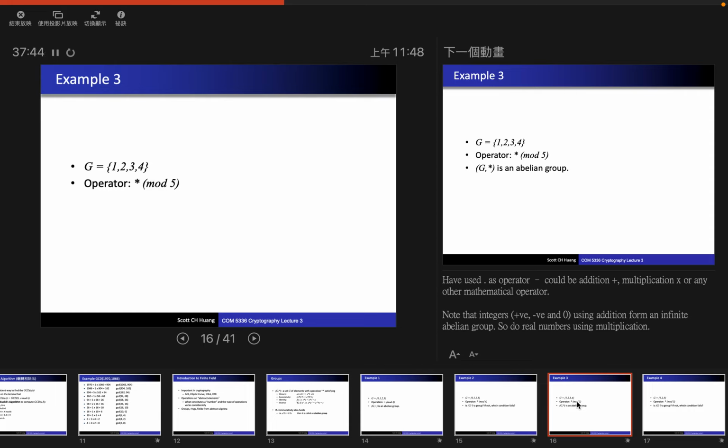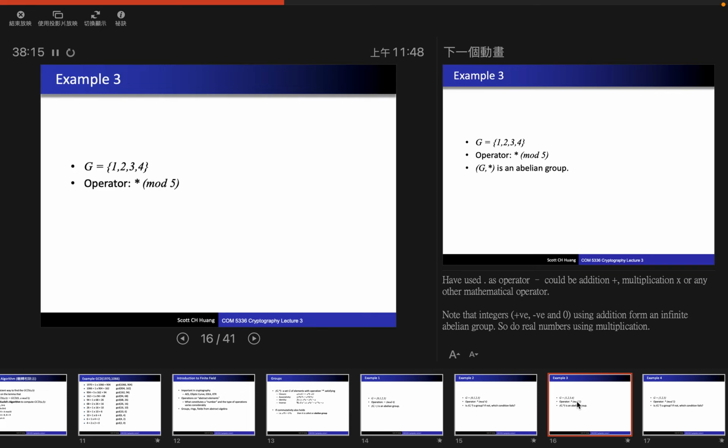So 1 times anything is anything. 2 times 2 mod 5 is 4. 2 times 3, 2乘3等于6, 6 mod 5 becomes 1. 2 times 4 is 3. Looks a little weird, right? But it's okay.